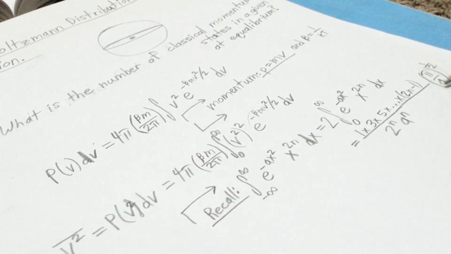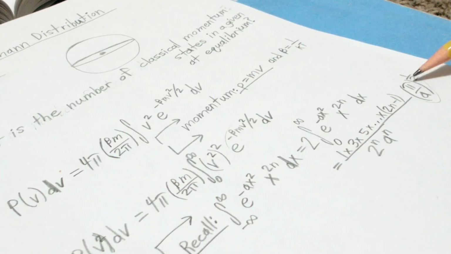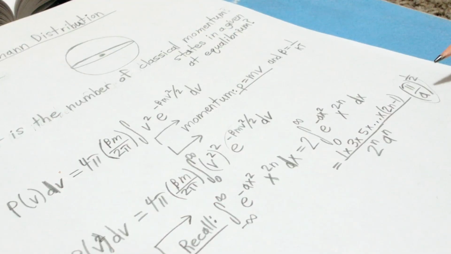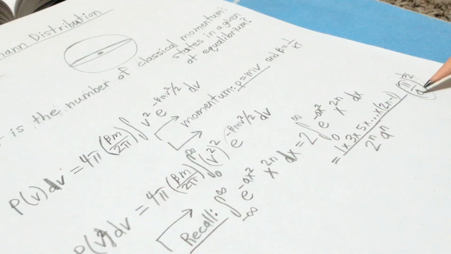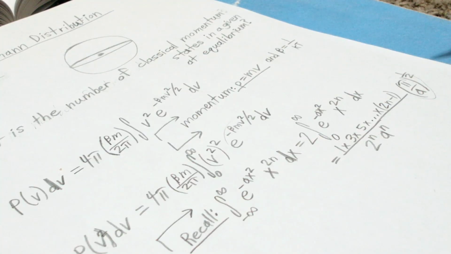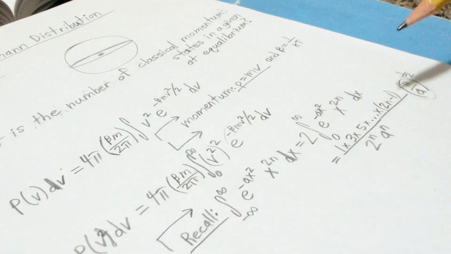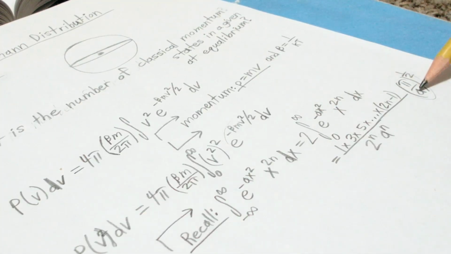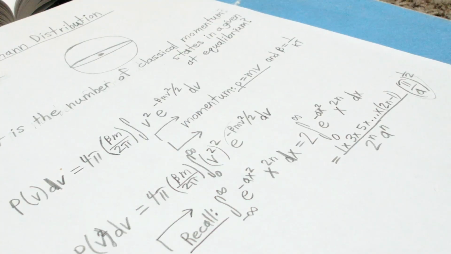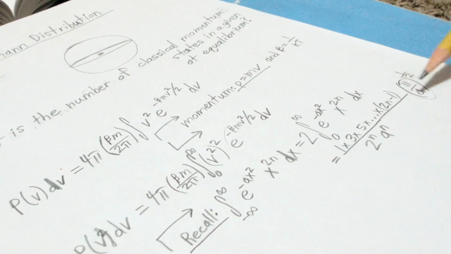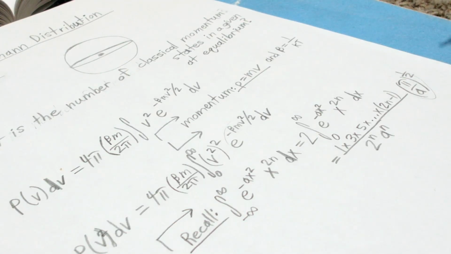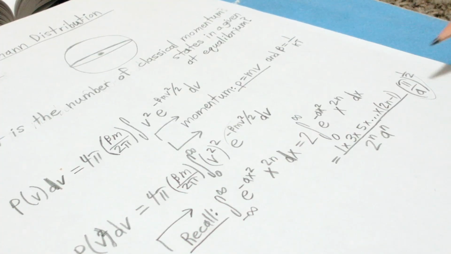And the reason why we have this square root of pi over a is that it comes from integrating a Gaussian. When you integrate a Gaussian, it gives you the square root of pi, and a is just a constant, whatever the constant is up here in your exponential, which is your Gaussian. It could be 1. But whenever you integrate a Gaussian, you get the square root of pi, and that's what this is here.